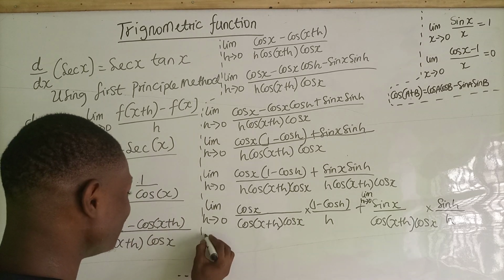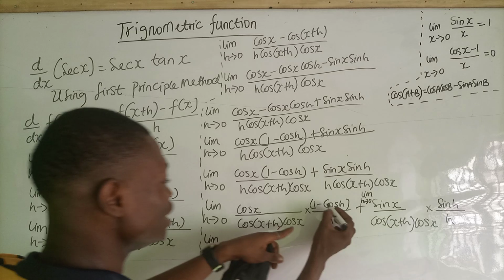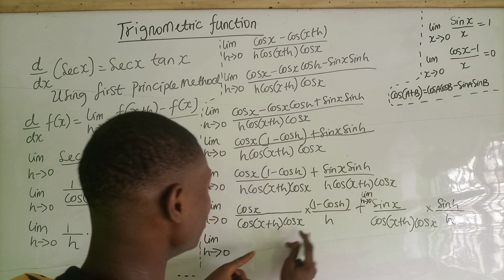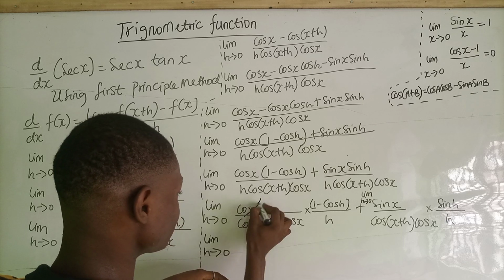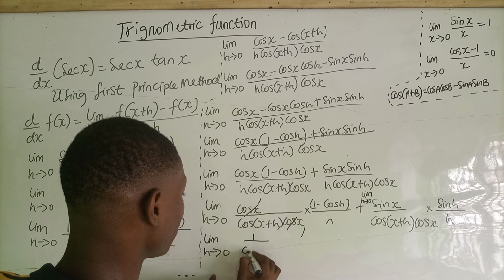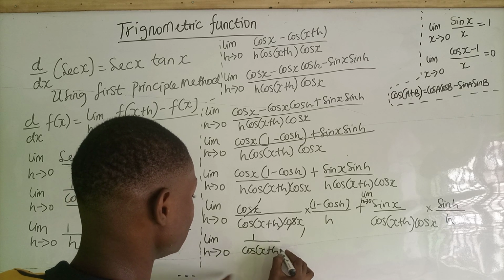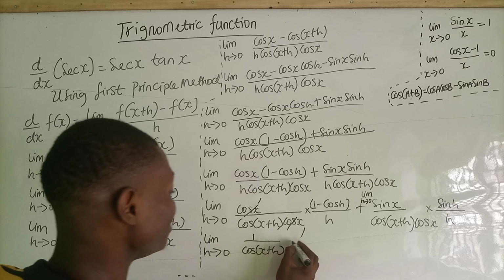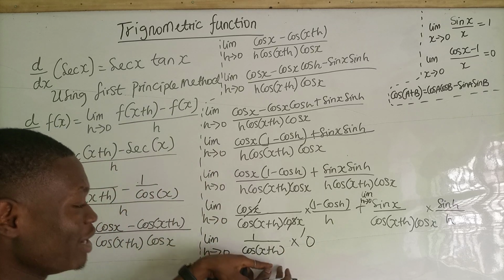Yes. So we are going to have limit as h approaches 0. This one is already what? 0. So making all this thing here, okay, let's divide 1 by 1, right? So we have 1 over cos x plus h, so times 0. So remember our h is approaching 0.